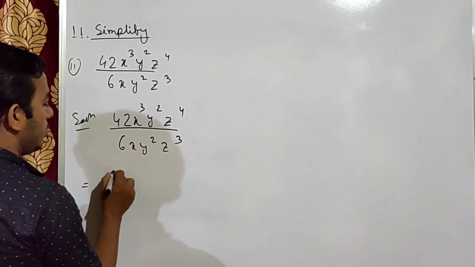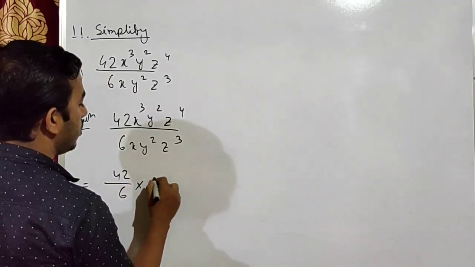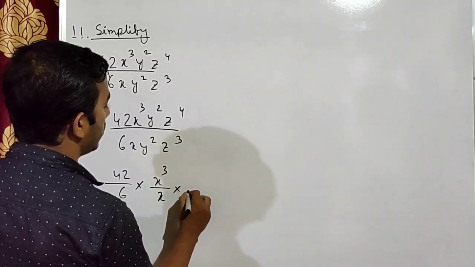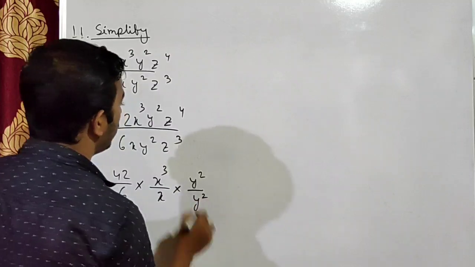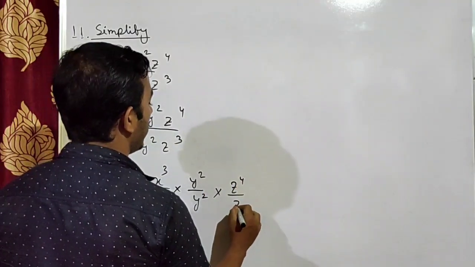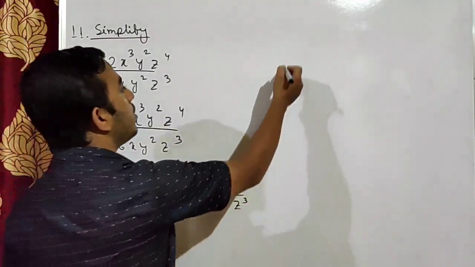Look, 42 divided by 6, into x to the power 3 divided by x, into y to the power 2 divided by y to the power 2, then again into z to the power 4 divided by z to the power 3. Clear?